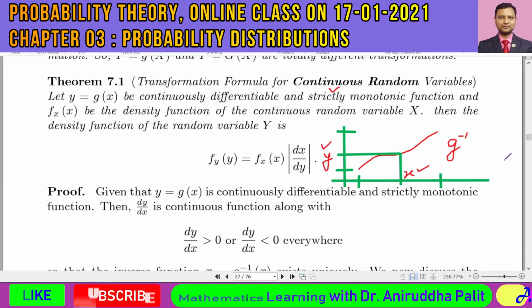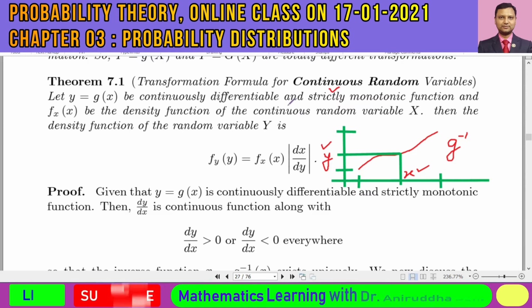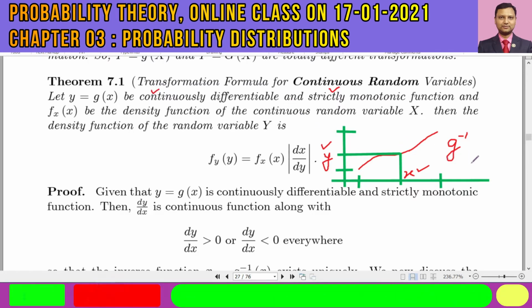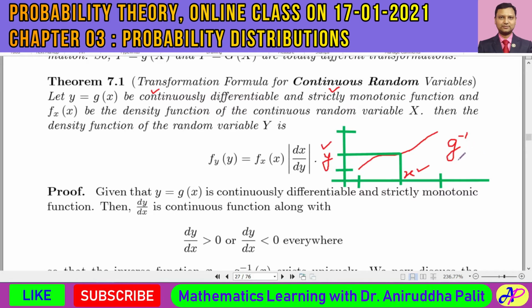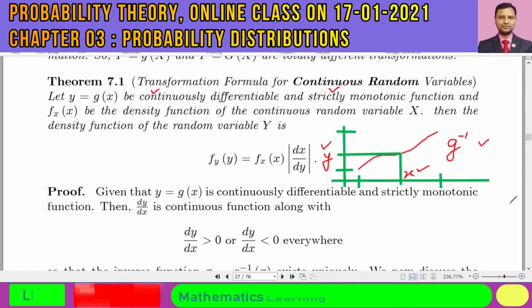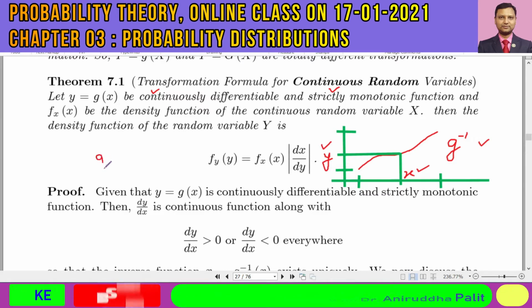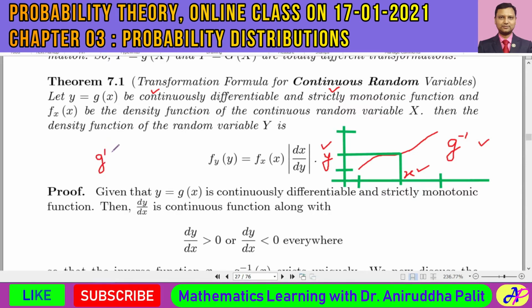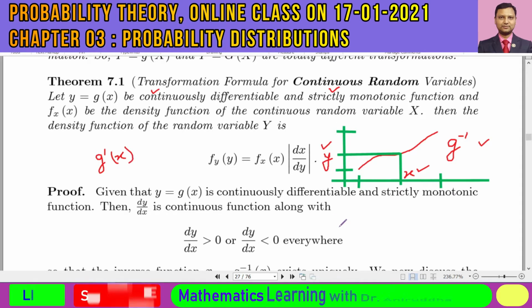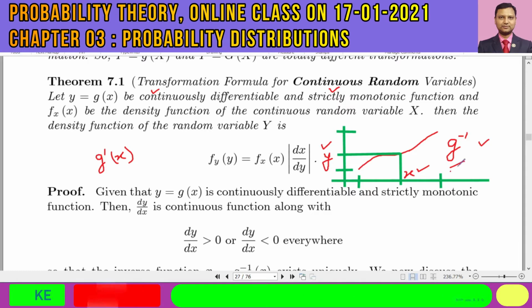And it can also be proved that in this kind of case, because the function g is continuously differentiable, the inverse function is also continuously differentiable. What is a continuously differentiable function? It means that the derivative of g, that is g dash of x, should be a continuous function, and the inverse function should have the same kind of property.